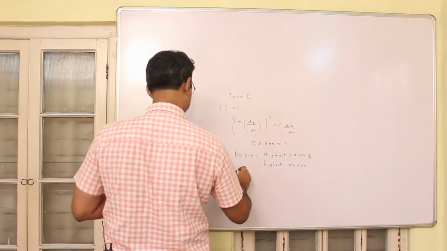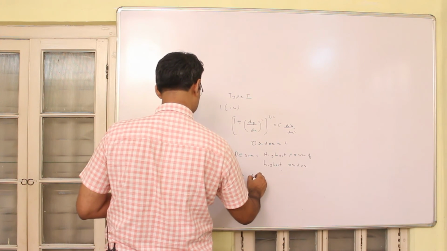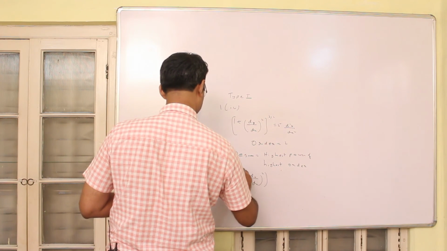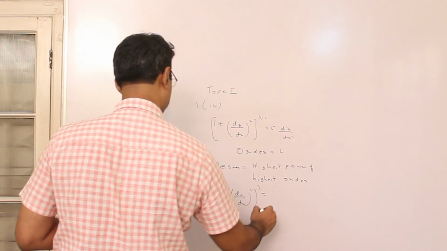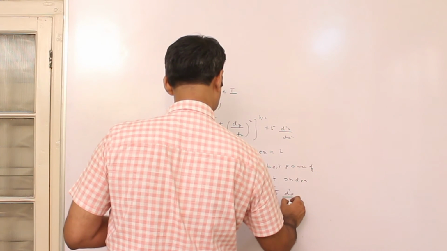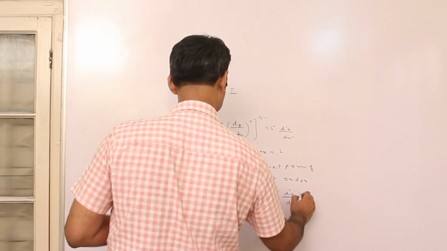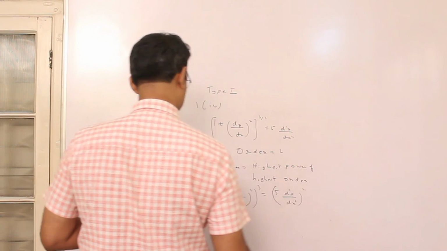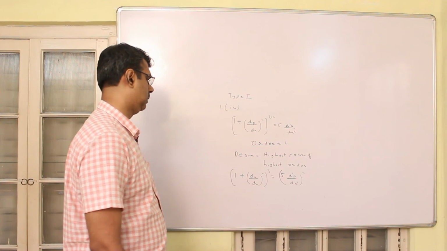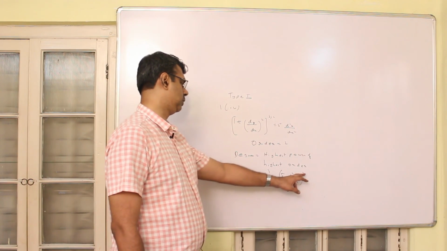So in this equation, if you square both sides, you will see the highest power of d2y by dx2 is 2.